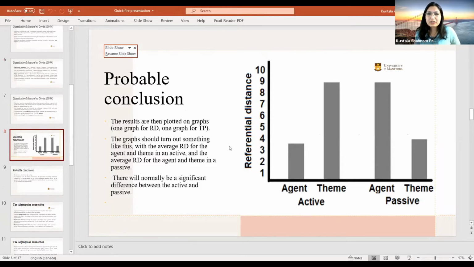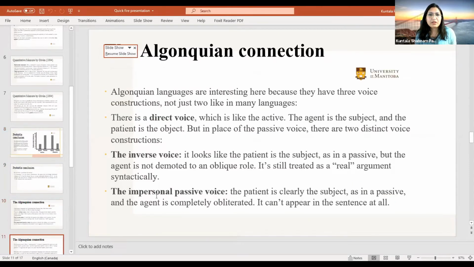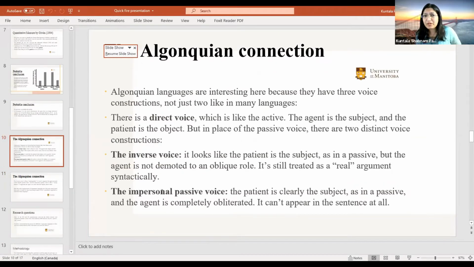But since we are doing it based on already existing texts, we think there will normally be a significant difference between the active and passive voice. That's our assumption at this point. And the most interesting part is in Algonquian languages, there are three types of voices. So direct voice.